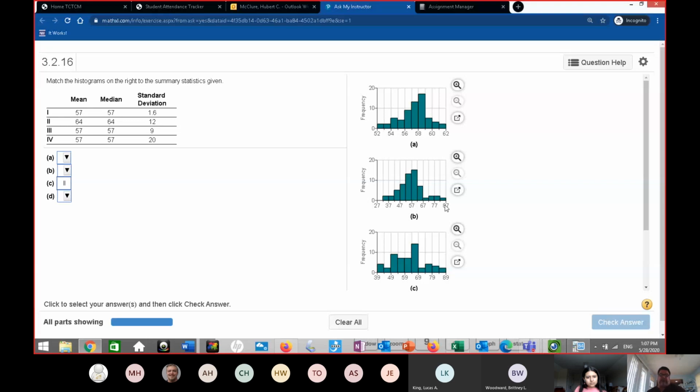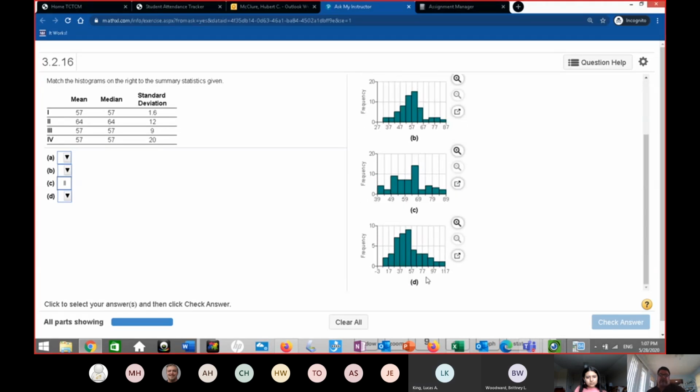So let's look at this one. 57 plus 20 is what? That's 5. So D is what? Or 4, sorry. D is 4.